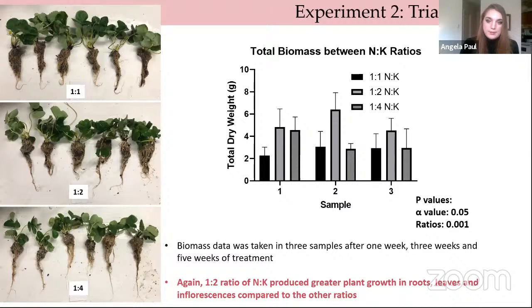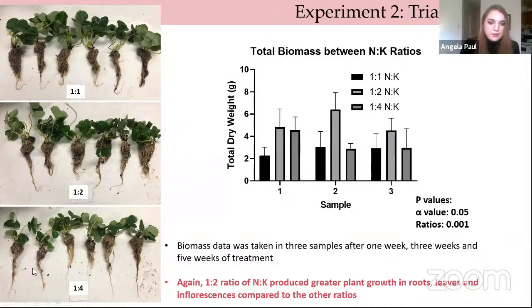And then looking at biomass, I also found there was significance, again, in the 1:2 ratio, with the highest weight of plant growth in the 1:2 ratio compared to the 1:1 and the 1:4. And then you can see as well, I took some comparison photos of the different transplants from each of the treatments.